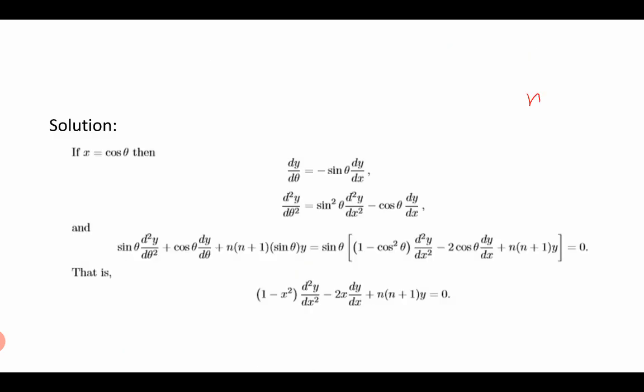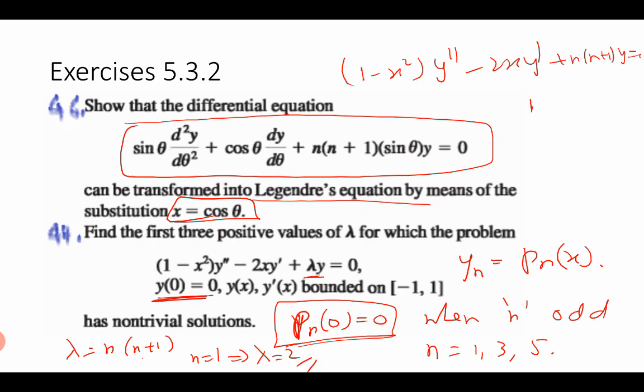N is 3 gives lambda is 3 into 4, 12. N is 5, here lambda is 5 into 6, 30. Lambda is equal to 30, 12 and 2. So you can write the first three solutions, n equal to 1, 3, 5.